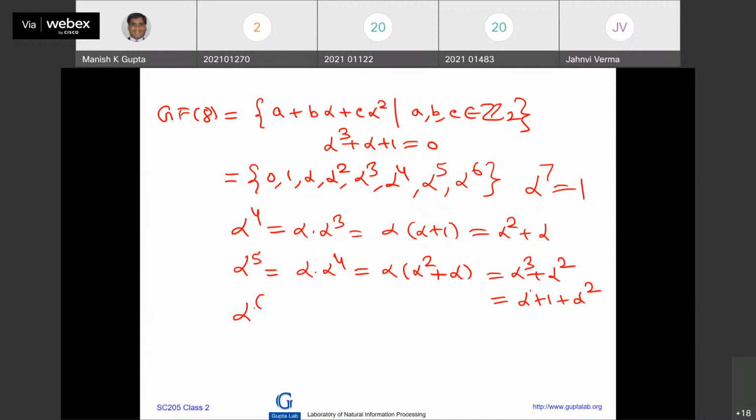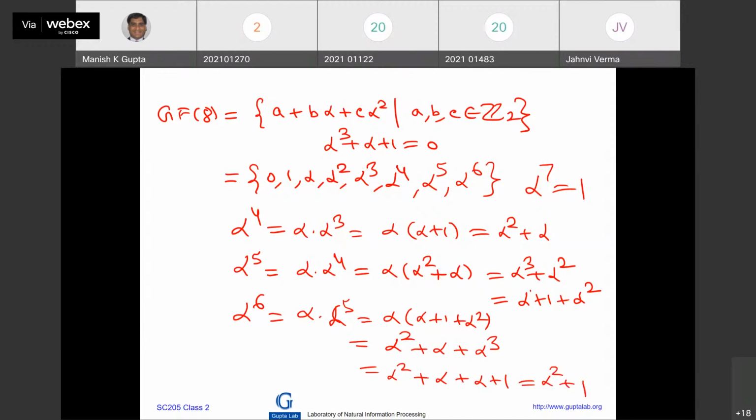Then alpha raised to power 6 will be alpha times alpha raised to power 5, which is alpha times alpha plus 1 plus alpha square, equal to alpha square plus alpha cube, equal to alpha square plus alpha plus 1, equal to alpha square plus 1, because 2 alpha is 0, right? Anything times 2 is 0.